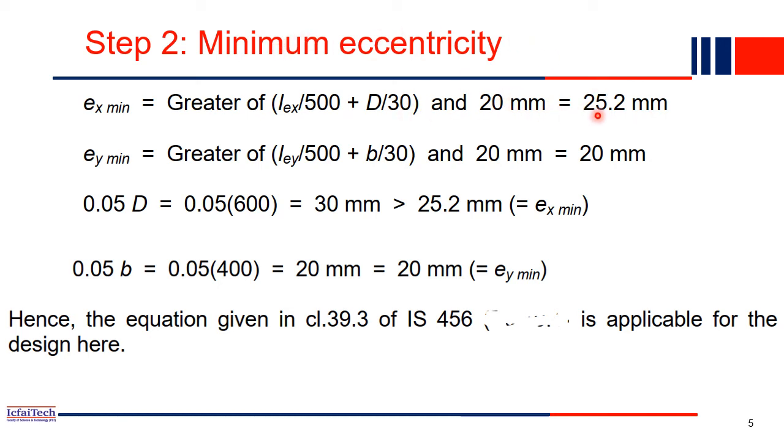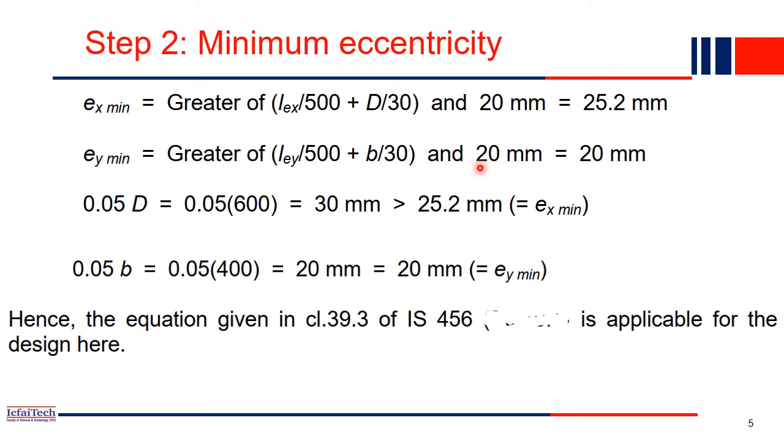So the minimum eccentricity is 25.2, since obviously 25.2 is higher. This is e_x min, the minimum eccentricity about the x direction. For the y direction, just substitute in the formula from IS 456, and you get 20 mm. So in the x direction you have this minimum eccentricity, and in the y direction this minimum eccentricity.